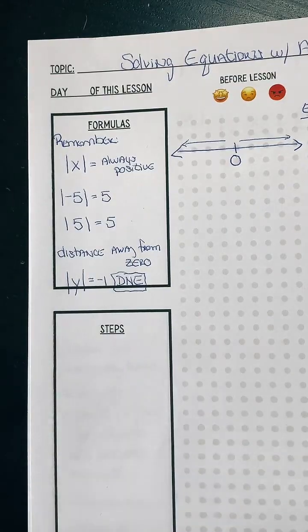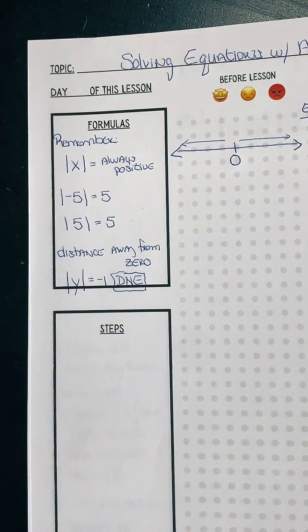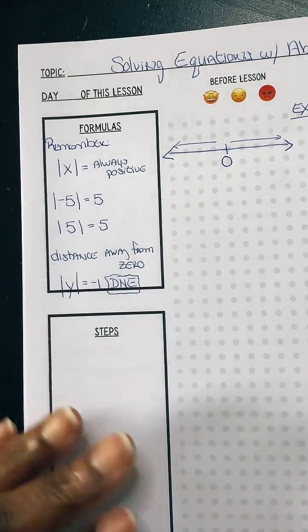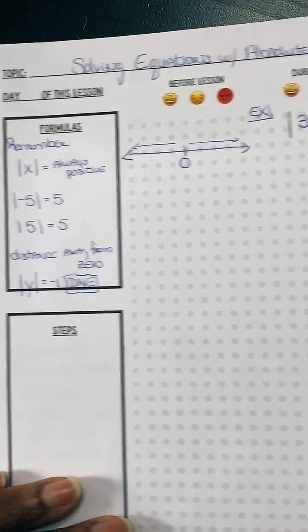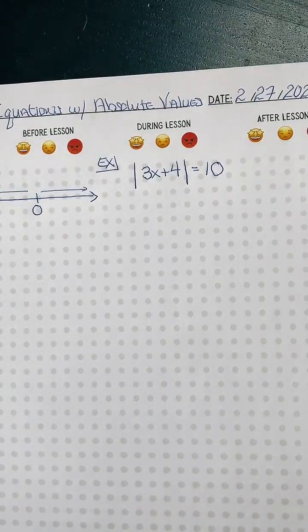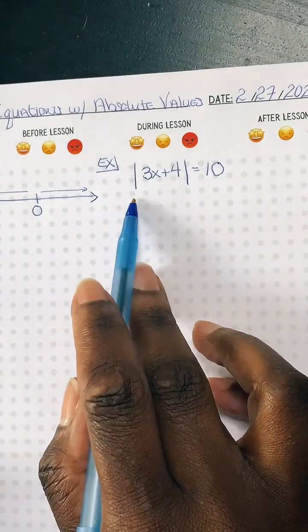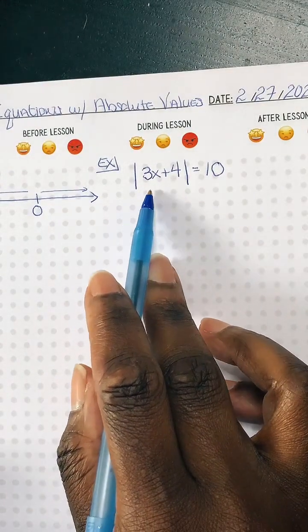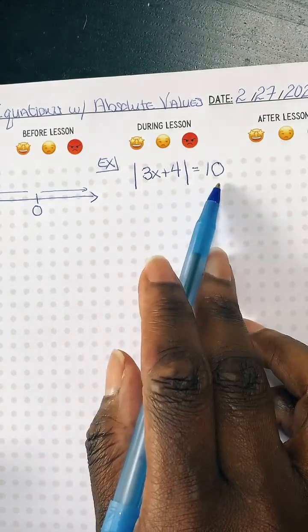So I'm gonna show you how to solve equations, and if we have time, I might do inequalities, but I really wanna make sure you understand the gist of the absolute values. So we have our first example: the absolute value of 3x plus 4 equals 10.